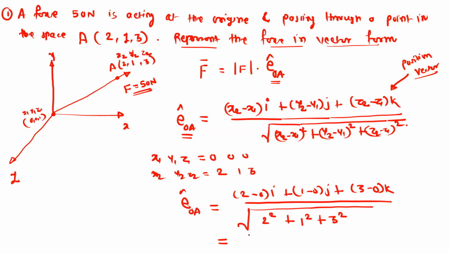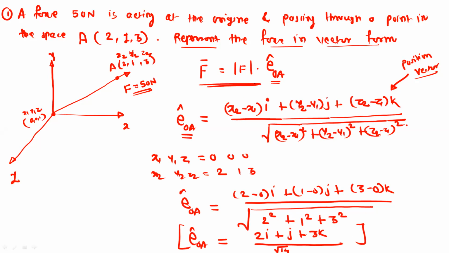Okay. So the expression will be 2i plus j plus 3k divided by square root 14. Okay. So this is the unit vector OA.